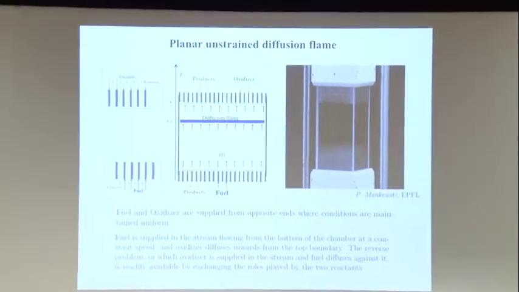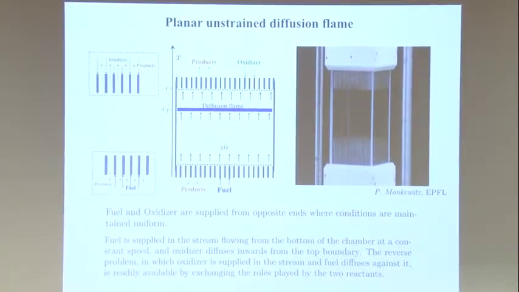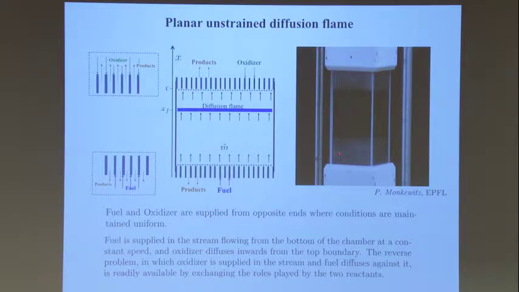Okay, so I will start the discussion with the planar unstrained flame, simply because it's a simpler mathematical problem to discuss. Here is the way it was established in the lab, and it was done at the EPFL in Switzerland.